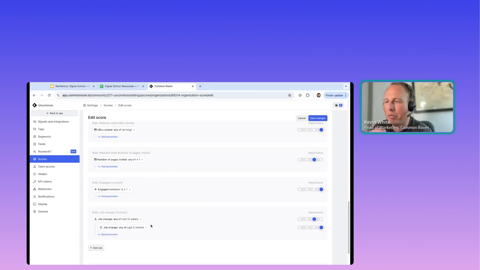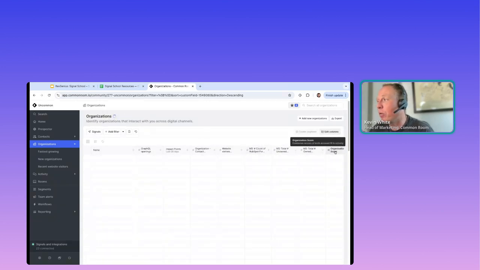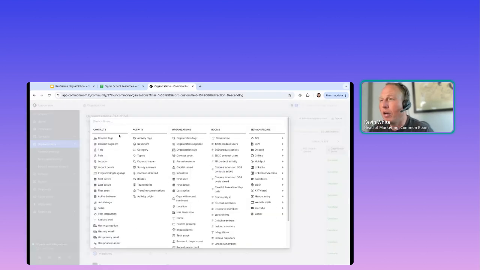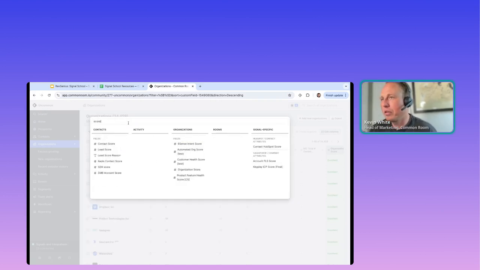This is not the greatest example, I realize, but this is a way to aggregate scores at the organization level. Once you do that, you're able to sort by your organization score here and filter so that I want my team to only see accounts that have an organization score. Where is it? Score? Too many fields here.